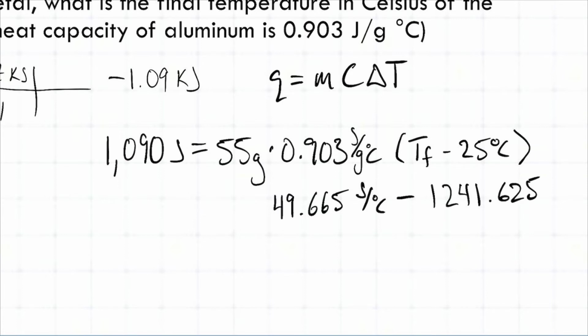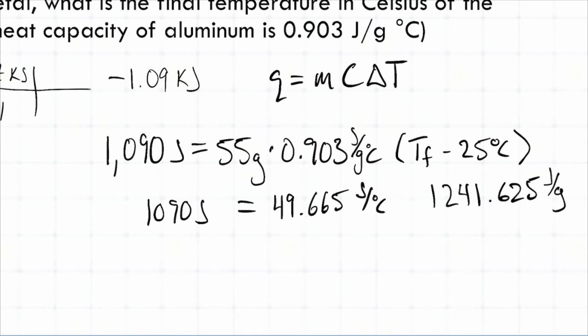And here we're multiplying our joules per degree C by degree C, so we get joules because we cancel out the degree C there, equals over here, we still have 1090 joules.